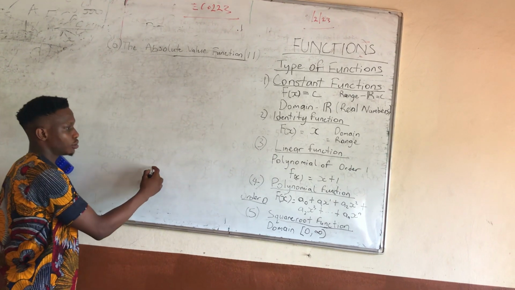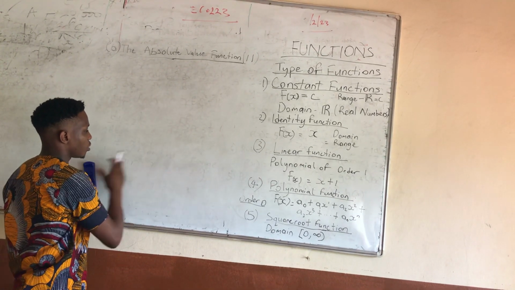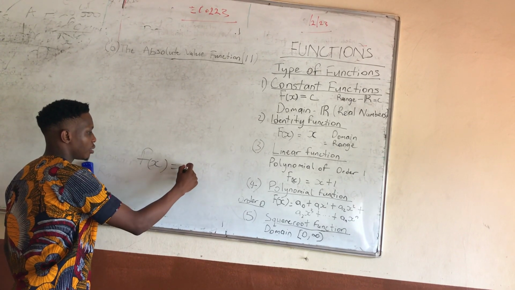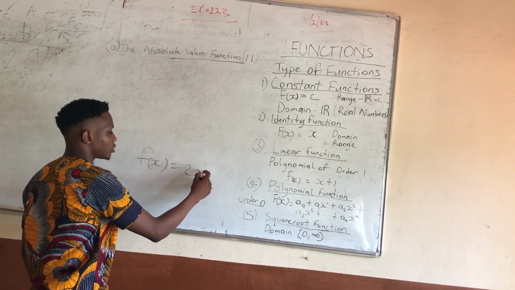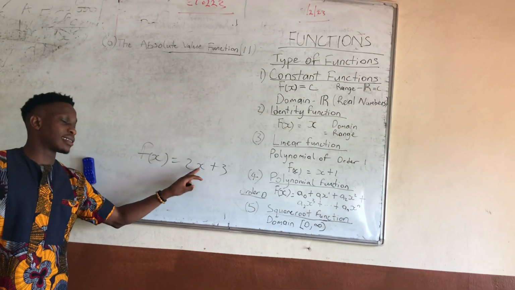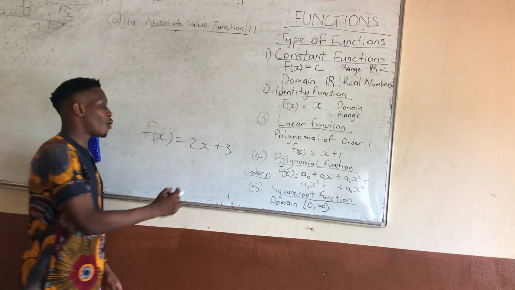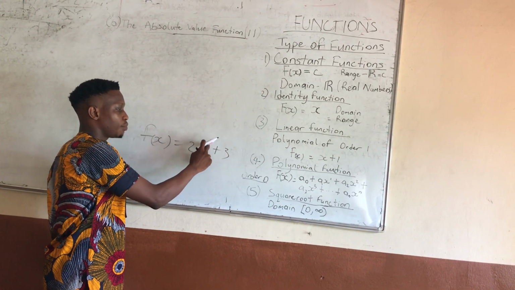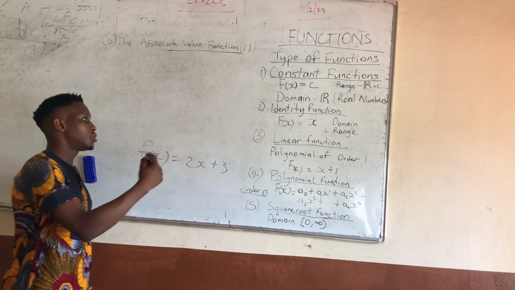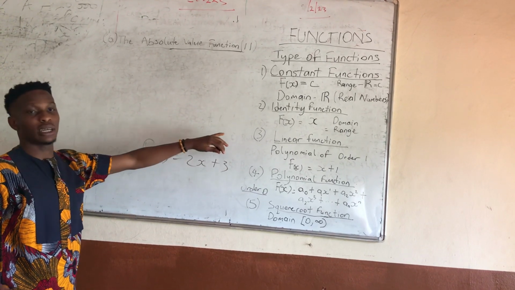Anytime you see an equation, a function f of x equal to, let's say, 2x plus 3, as long as that variable x is raised to the power of 1, it is a linear function. It is generally known as a polynomial of order 1. So understand it like that.